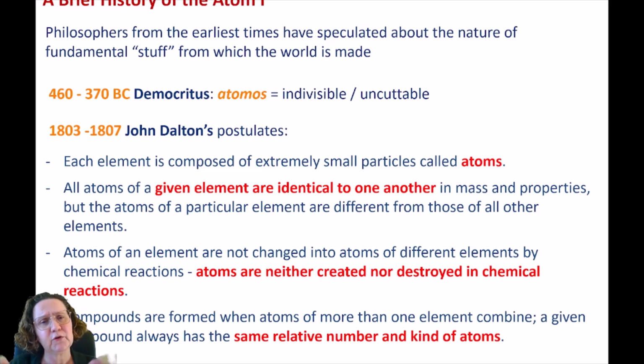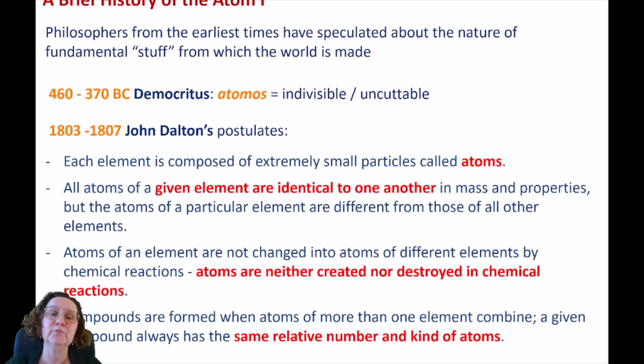That got parked for quite a few centuries until in the 19th century, John Dalton postulates some of the things that we still use in chemistry for our everyday chemical life. He postulated that matter was composed of different elements, and elements were extremely small particles that he called, picking up Democritus' suggestion, atoms.